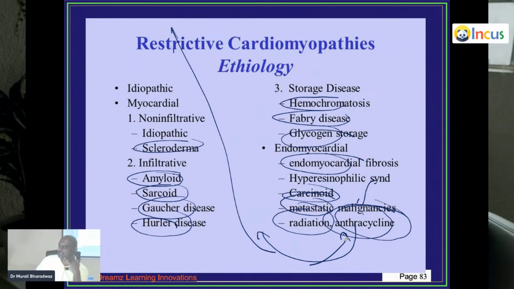So they give a call, doctor, my mama is having shortness of breath. She is a 10-year survivor of breast carcinoma. She had received anthracycline. She was in fact the fourth or fifth case of restrictive cardiomyopathy I managed.